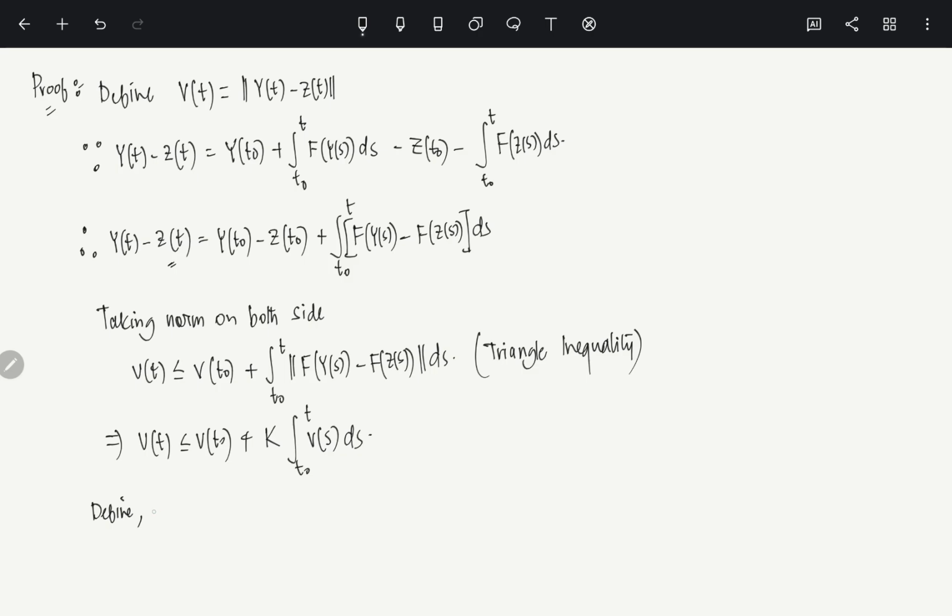So what we do is this: you define U(t), capital U(t), to be V(t plus t0). If you do that, you see U(0) is nothing but V(t0). So this is U(0). Clear? Okay. So what do we have?